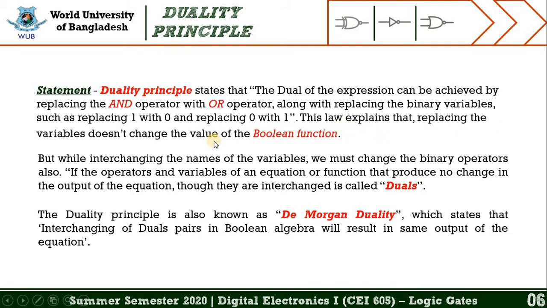This law explains that replacing the variables does not change the value of the Boolean function, but while interchanging the names of the variables, we must change the binary operators also. If the operators and variables of an equation or function that produce no change in the output of the equation, though they are interchanged, are called duals. The duality principle is also known as De Morgan's duality, which states that interchanging of dual pairs in Boolean algebra will result in the same output of the equation.